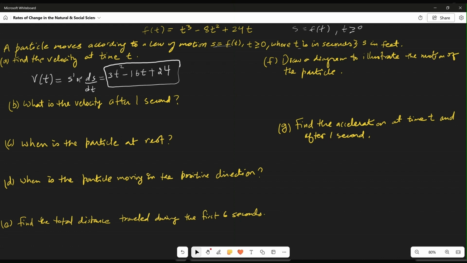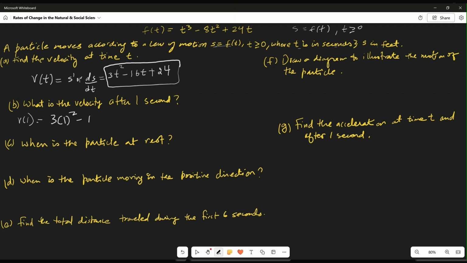Now, what is the velocity after 1 second? We have already found the velocity function, so now let's plug in the value. Velocity after 1 second, v of 1, is equal to 3 times 1 squared. Just plug in the value.